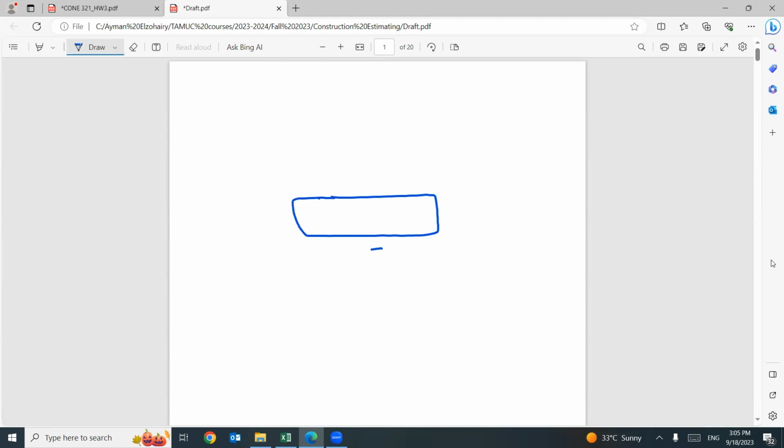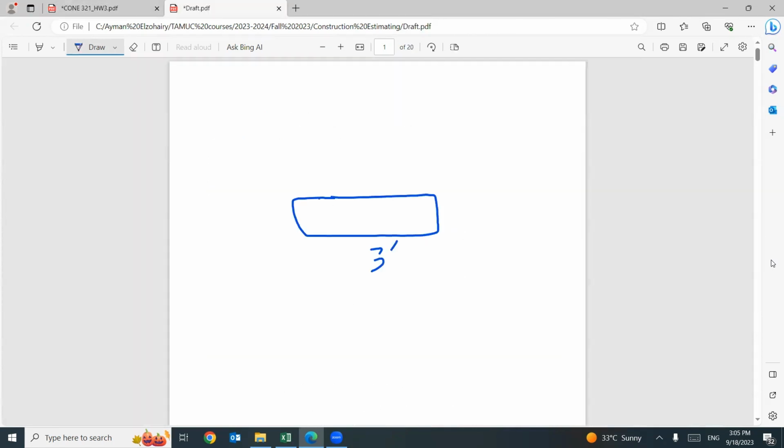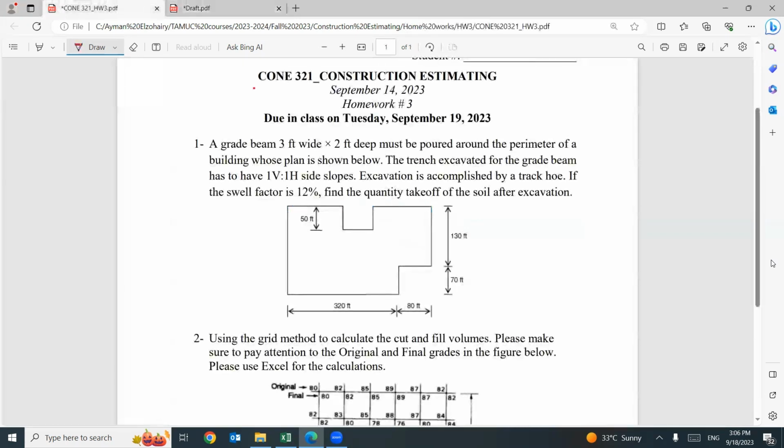The width is 3 feet and the depth is 2 feet. This grade beam is a reinforced concrete beam as a foundation for this building.